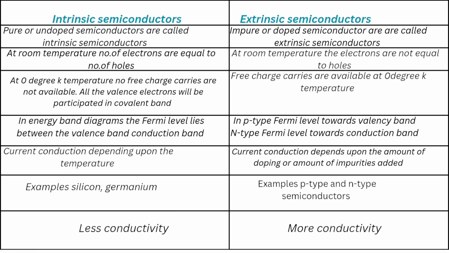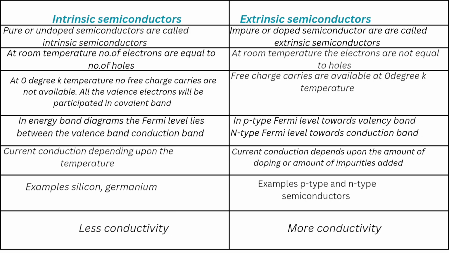Coming to the energy band diagrams, in intrinsic semiconductors the Fermi level lies in between the valency band and conduction band. Coming to the extrinsic semiconductors, we know there are 2 types, that is p-type and n-type. In the n-type, the Fermi level lies towards the conduction band. In the p-type, the Fermi level lies towards the valency band. In intrinsic semiconductors the current conduction depends upon the temperature.